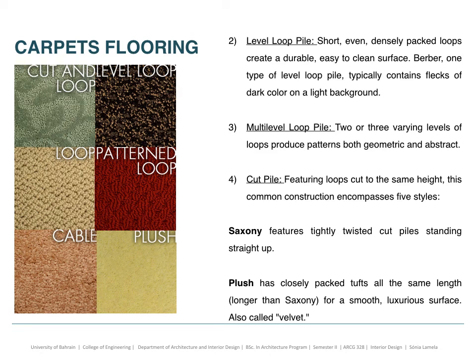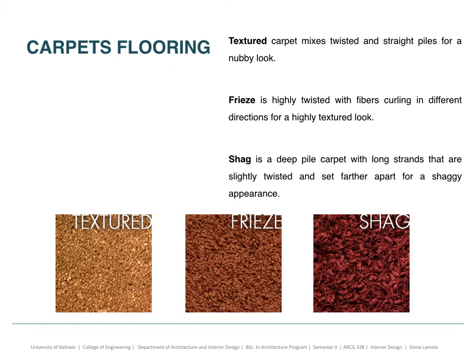When you pass your hand on it, it changes the color depending on your movement, like it happens when you are touching velvet. The texture carpet mixes twisted and strained piles for a nubby look, and then we have the frieze, that is highly twisted with fibers curling in different directions, and then we have the shag that gives you that kind of shaggy appearance, with strands that are slightly twisted and set farther apart from each other.